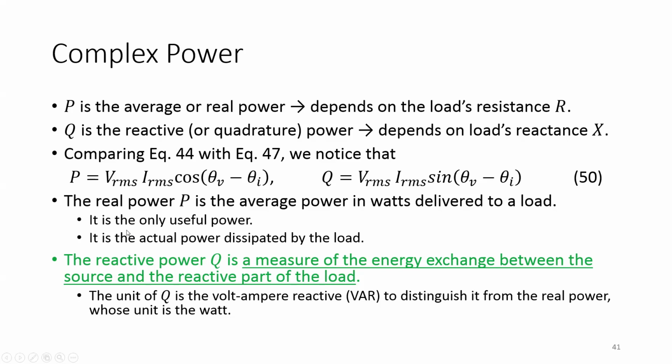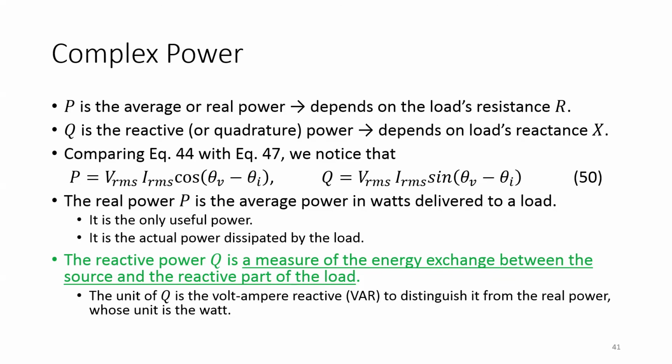The reactive power Q is a measure of energy exchange between the source and the reactive part of the load. Because the reactive parts do not dissipate any power, but they require some amount of power in order to make the equipment work, or we can say equipment with a reactive portion work.